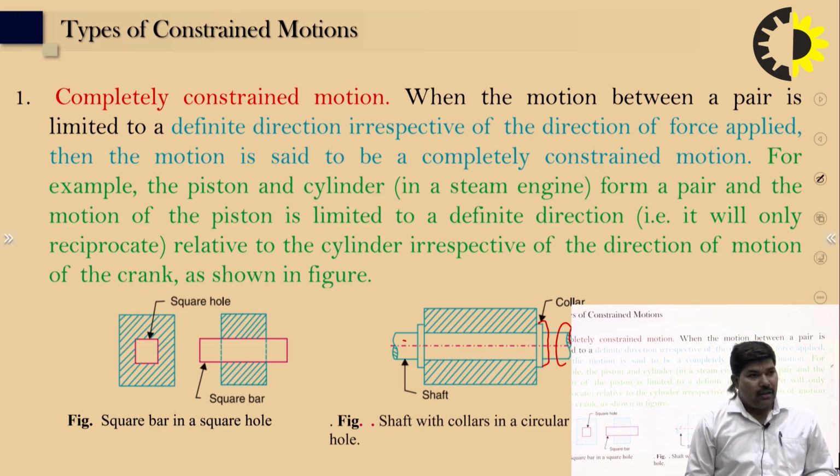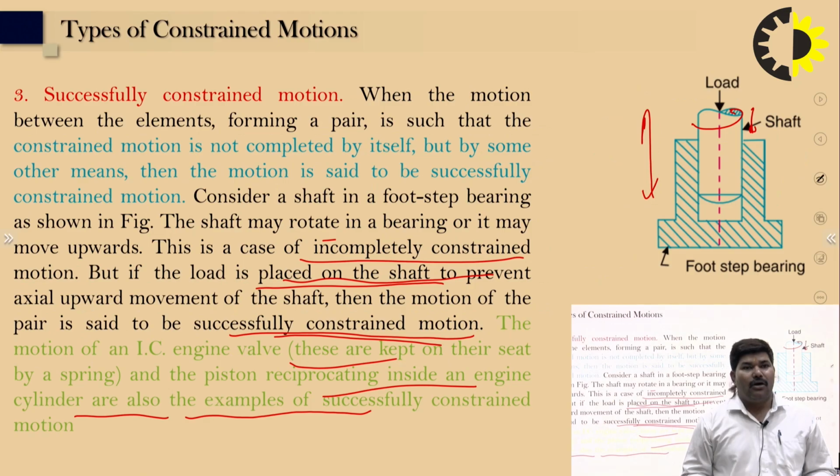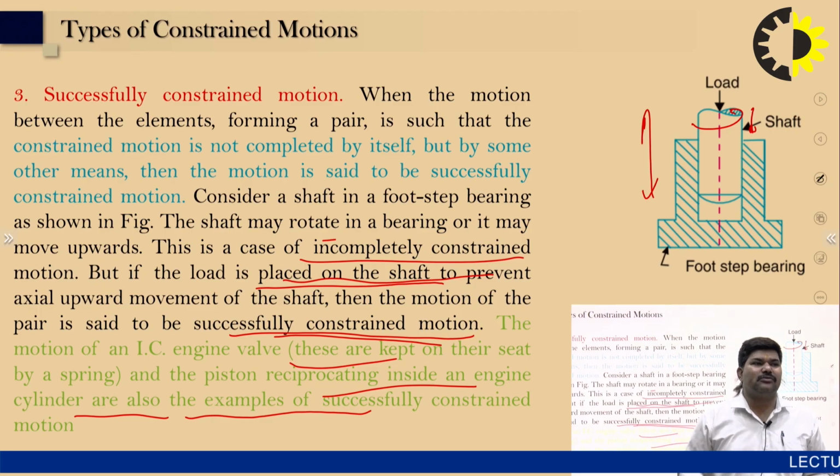In incompletely constrained motion, there is motion in more than one direction. Successfully constrained motion starts as incompletely constrained motion, and when we apply a force and restrict one motion, it converts to completely constrained motion.